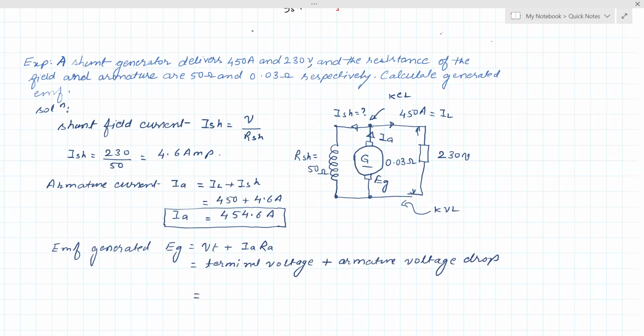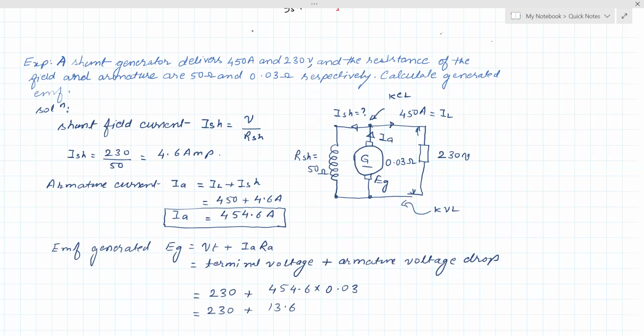So terminal voltage, it is already given 230 volt, plus armature current 454.6 into what is the armature resistance? Armature resistance is 0.03 ohm. So which is equal to 230 plus 13.6 volt.